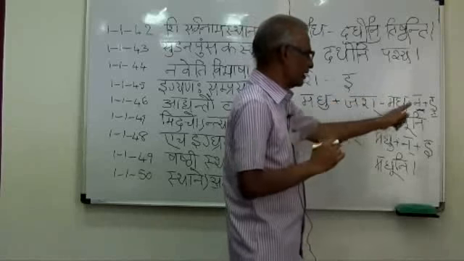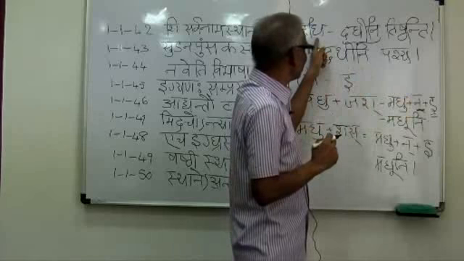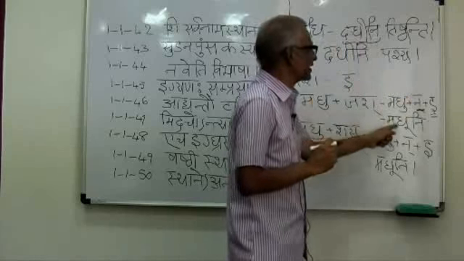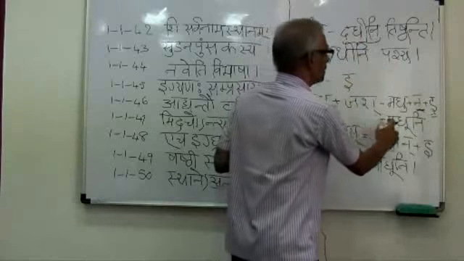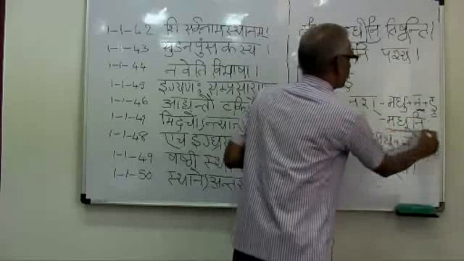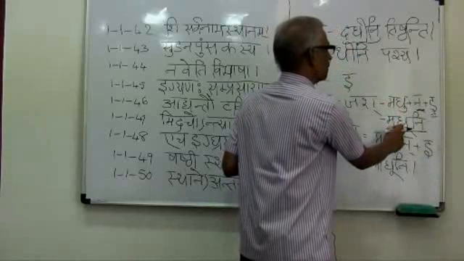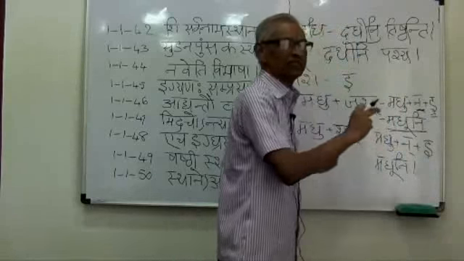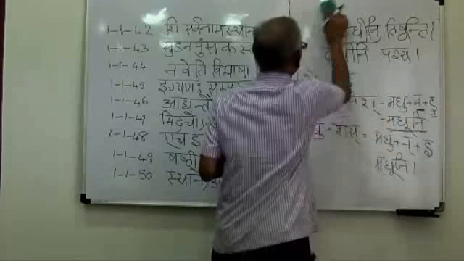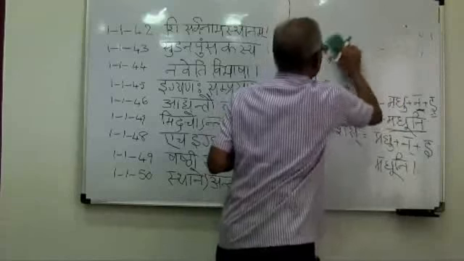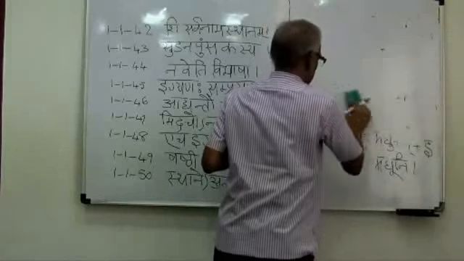By this sutra, the Ukara before Nakara and this Ikara before Nakara get elongated, Dirghaha. So this is the ultimate form for Madhu Shabda in Prathama Bahuvachanam as well as Dvitiya Bahuvachanam. This is called Sarvanamasthana. We will go to the next sutra.